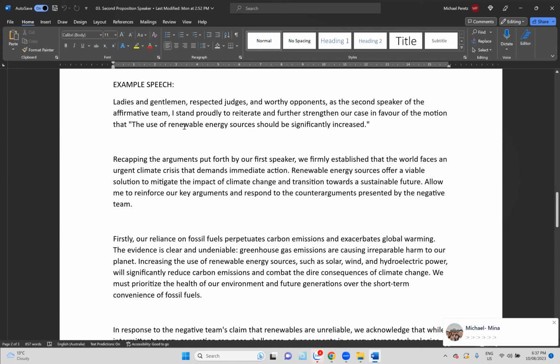So again, we've restated the motion, reminded everyone what we're arguing about, and we've been very obvious with it. So second speaker, affirmative team. We now go over the arguments of our team.